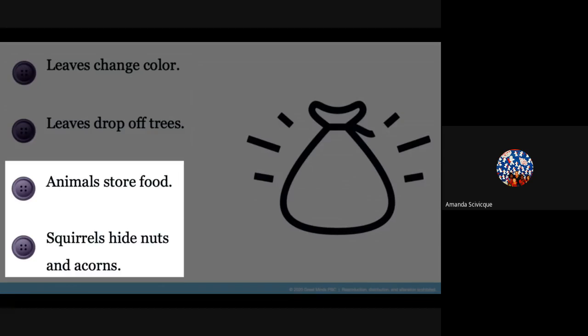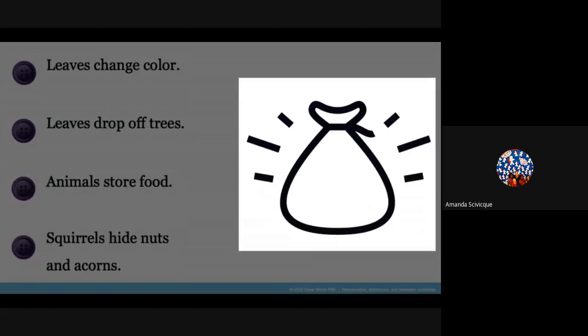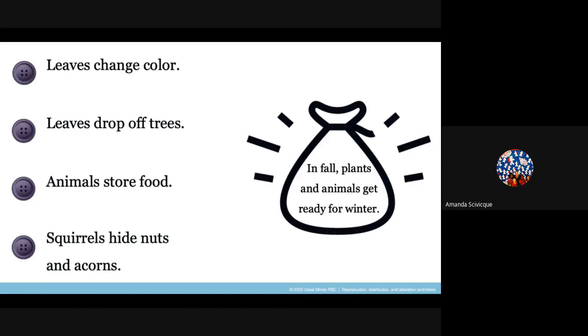It sounds like they're getting ready for winter too. In the fall, the plants and animals sure are busy getting ready for winter. The topic statement is, in fall, plants and animals get ready for winter. By gathering details and thinking about how the details connect to one another, readers can determine or figure out the topic.